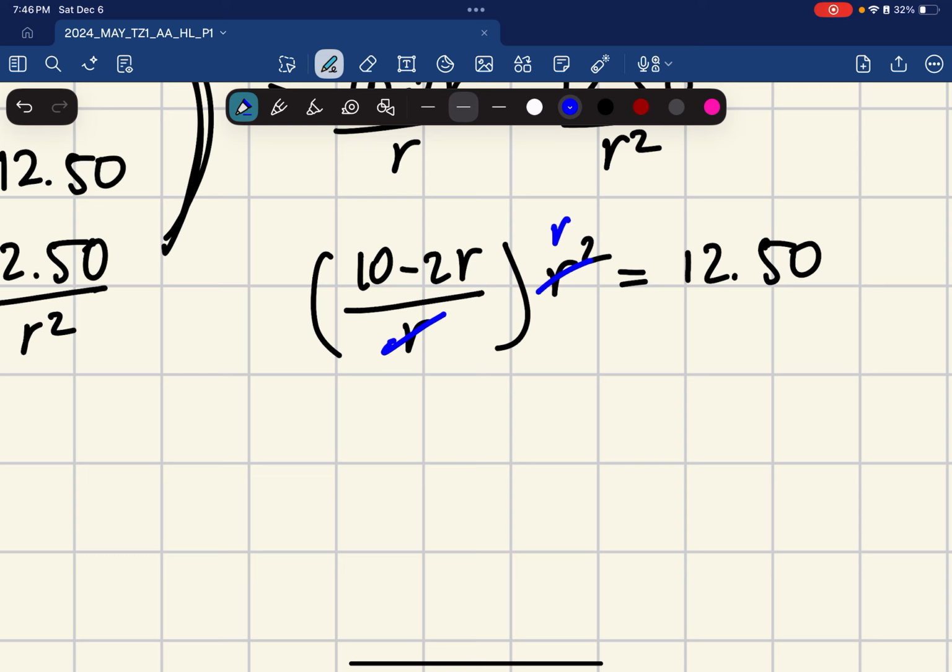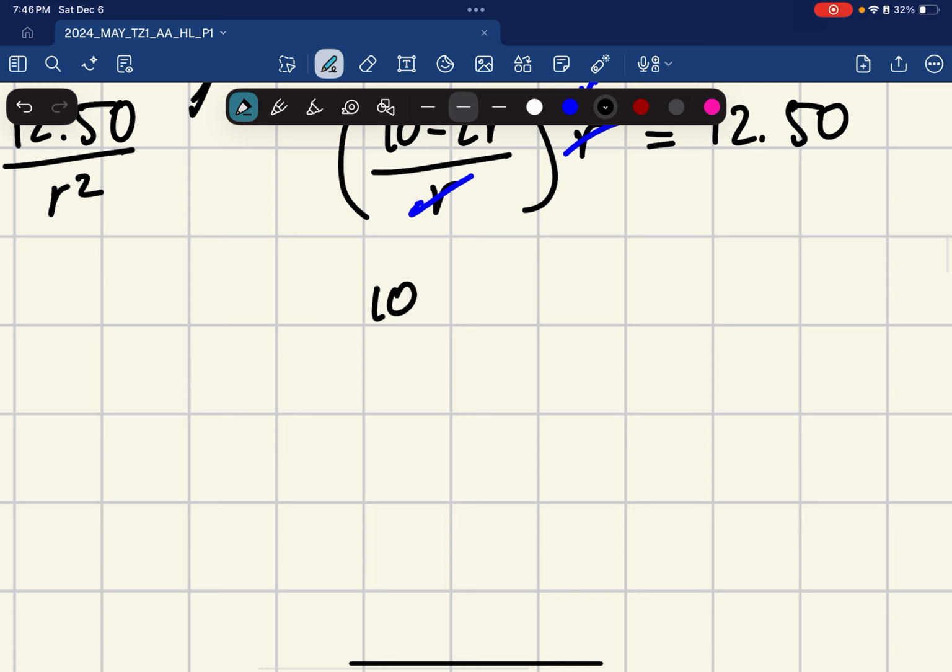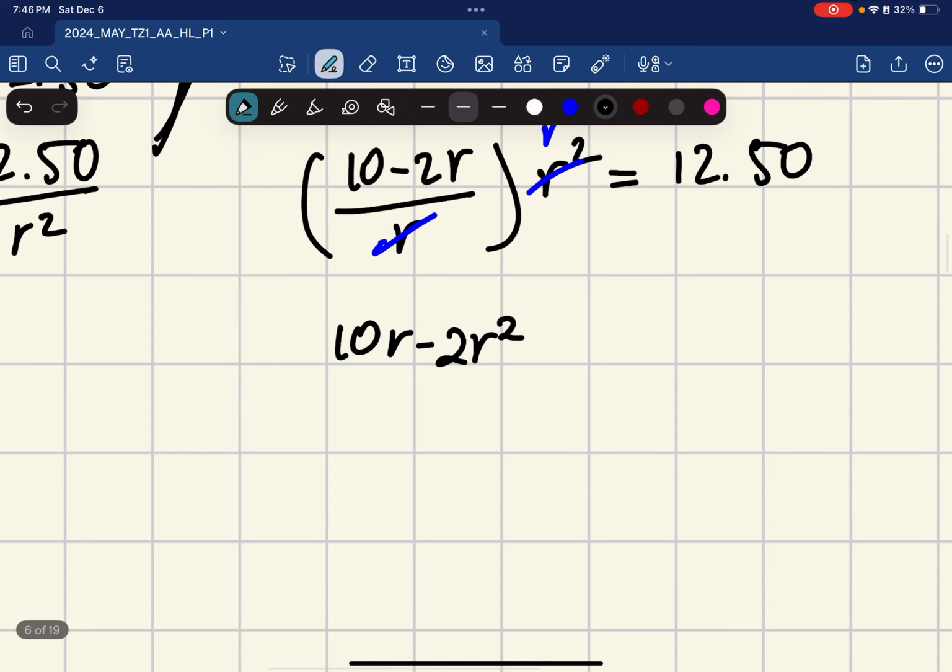So I end up with 10 minus 2r times r, which gives me 10r minus 2r squared is equal to 12.5. And remember, we want this side to be equal to 0, so we're going to subtract 12.5 from both sides.